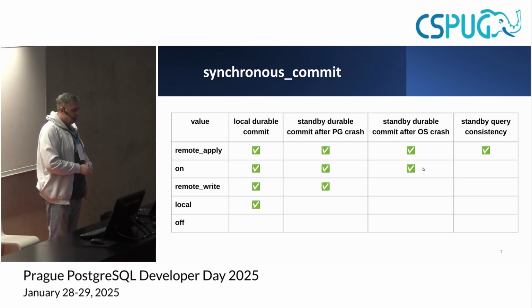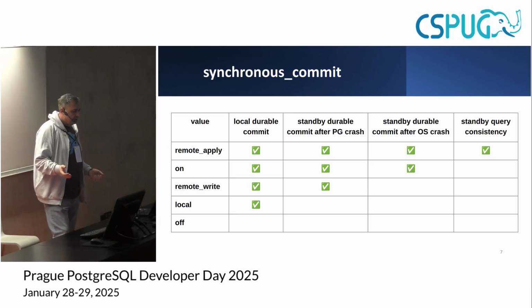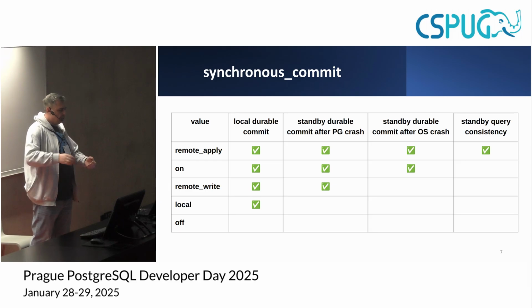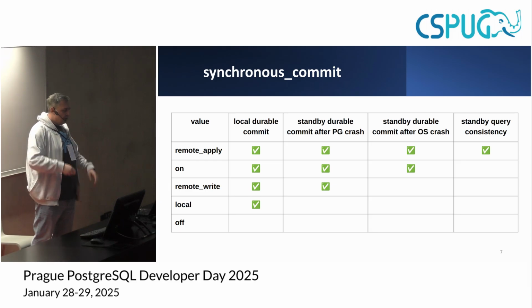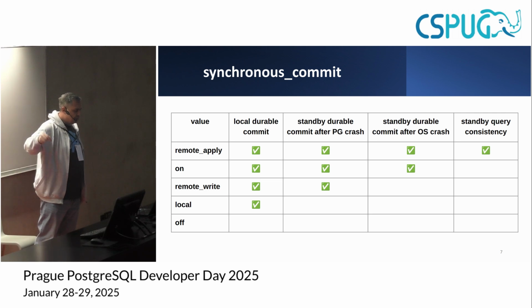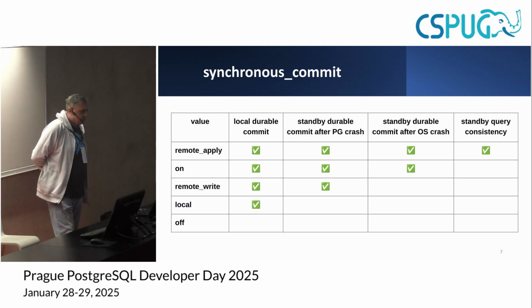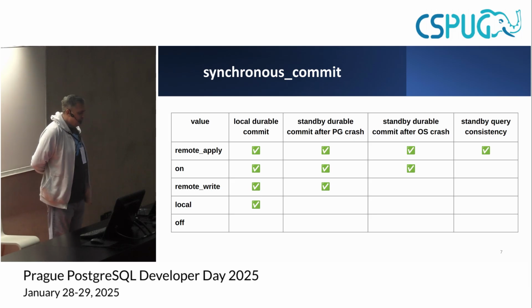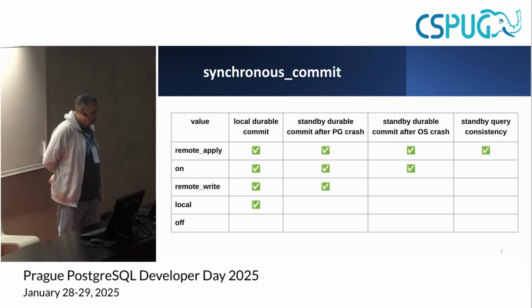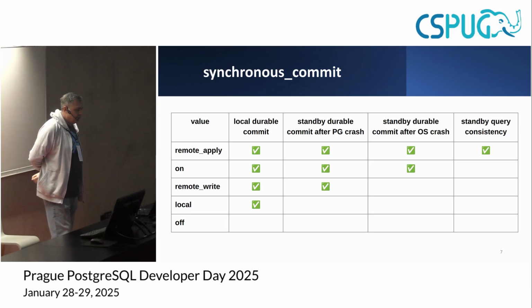So if Postgres, for example, crashes on the standby node, it will be able to restore everything. Or if the entire server crashes on the standby node and you start it up, there is a guarantee that you will be able to restore up to this transaction, which was reported as successful to the primary.